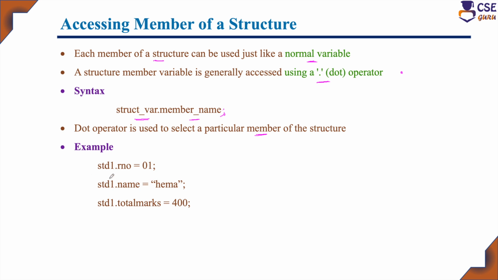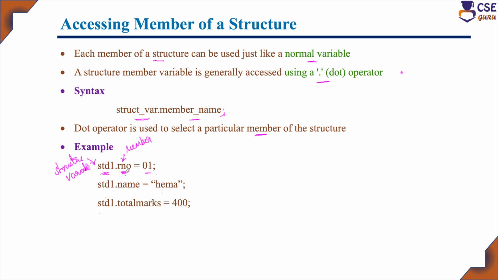For example, for student 1, if you want to access the roll number, you write std1 dot roll number. std1 is the structure variable, and this is the structure member or element. std1 dot roll number, std1 dot name, std1 dot total mark. This way you can specify it. So wherever we want the first student's roll number, you can access it like this.